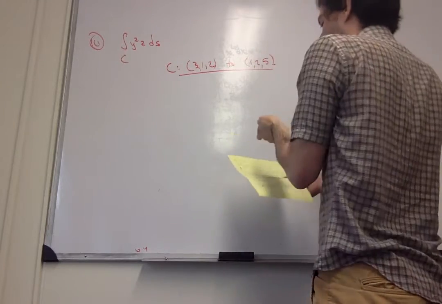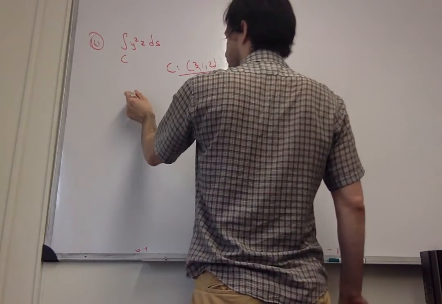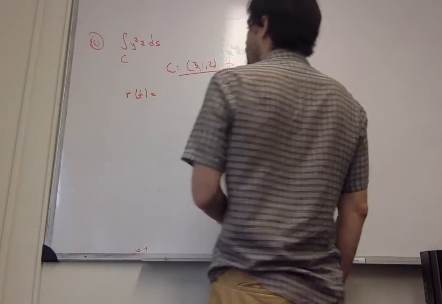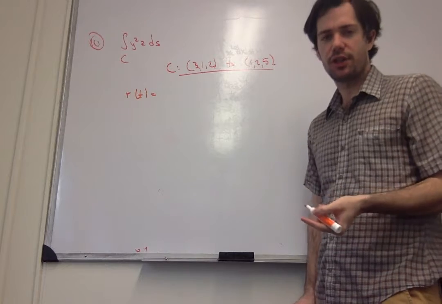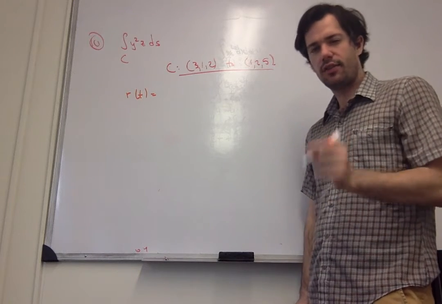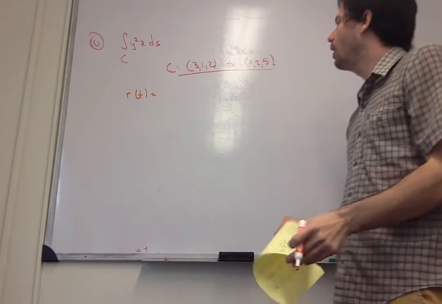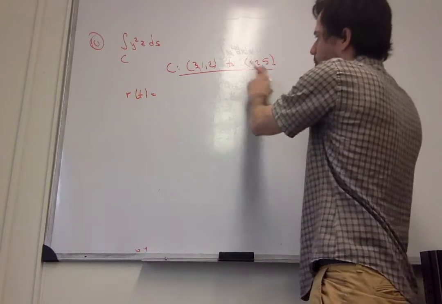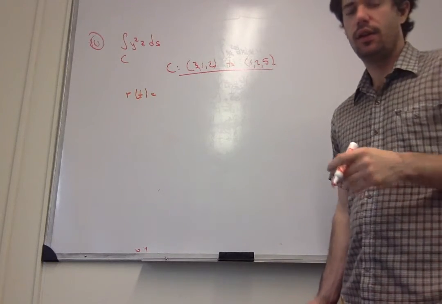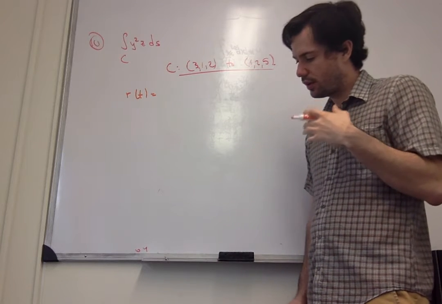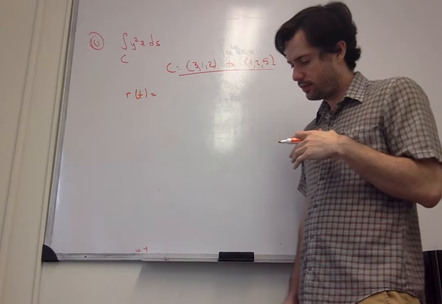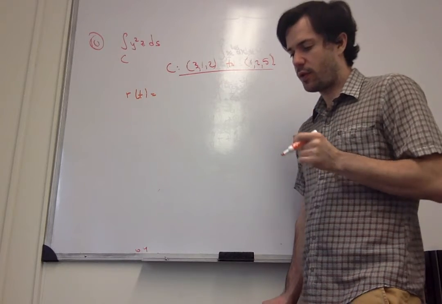Something I did not discuss yet is how to come up with a vector equation, a vector function that describes all points on your curve, if you're only given 2 points and you want to find the line that connects them. There's more than one way you can do it.